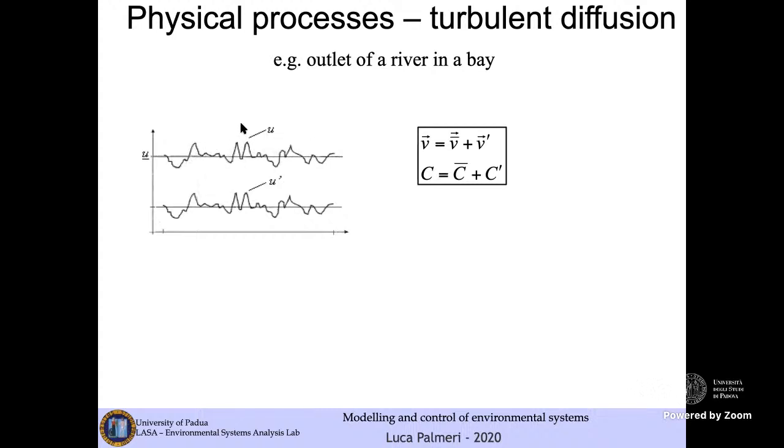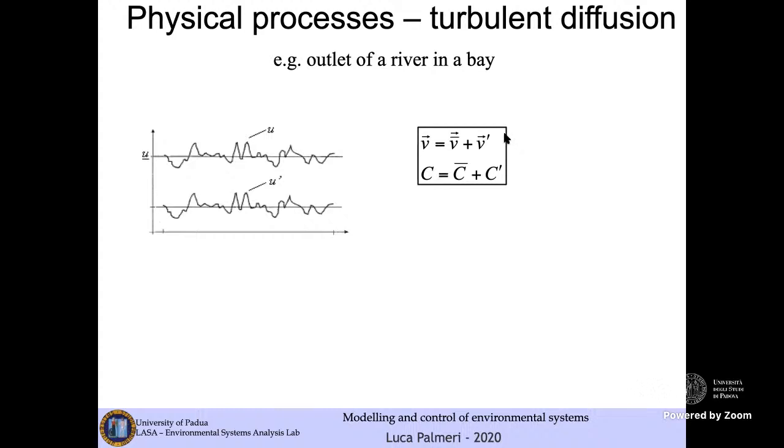So the real speed, u, may oscillate around the average value of speed. You do the same for concentration. So what we are including here are some stochastic perturbations on the state variables describing our system.